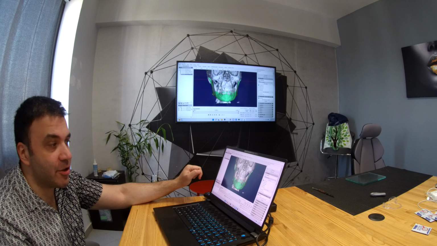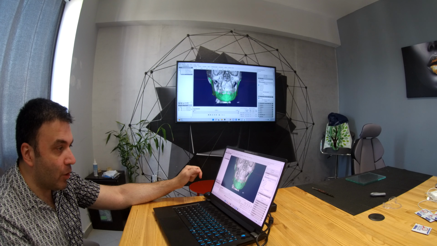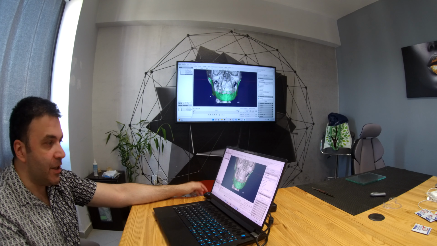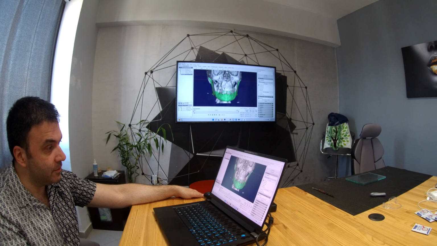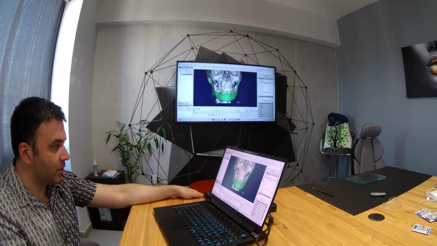So when you detach the lower jaw, if you do any movements, you can see how the condyle moves and the jaw moves as well. What kind of movement are we doing right now?